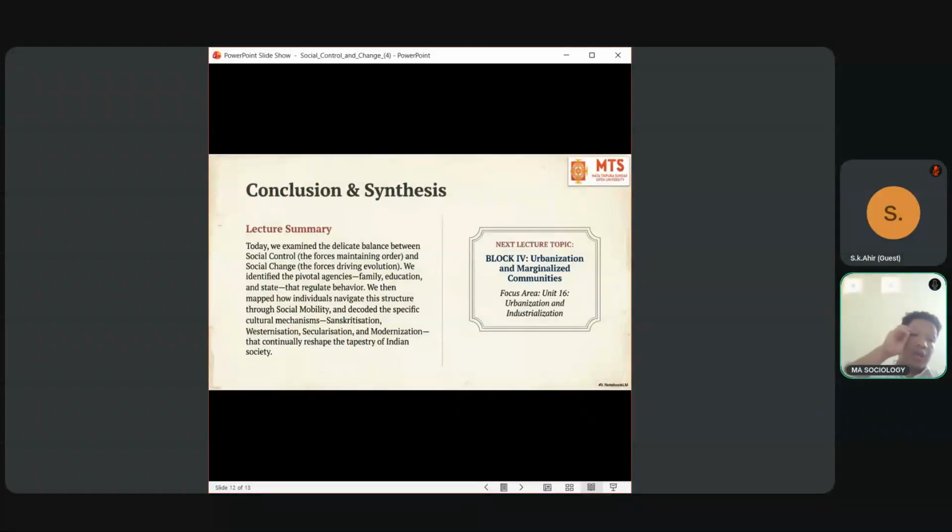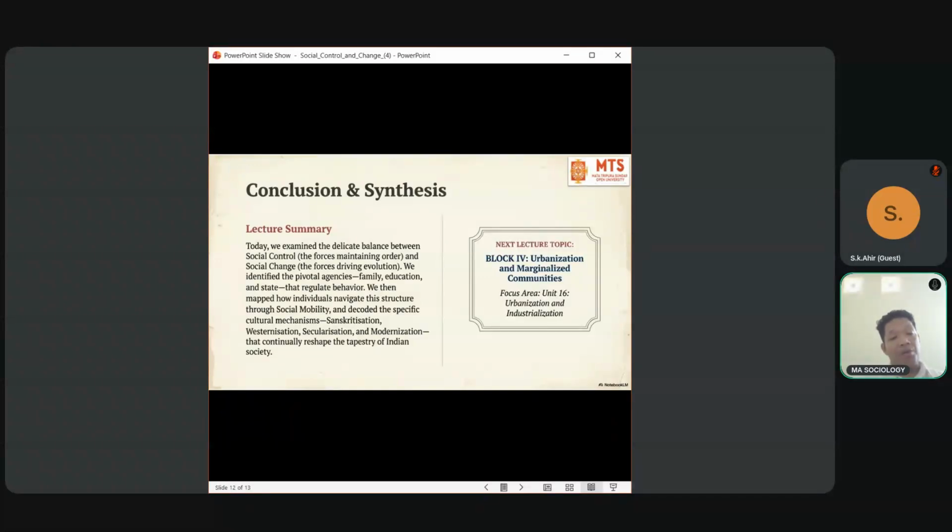Conclusions. Today we examined the delicate balance between social control, the force maintaining order, and social change, the force driving evolution. We identified the pivotal agencies like family, education and state that regulate behavior.